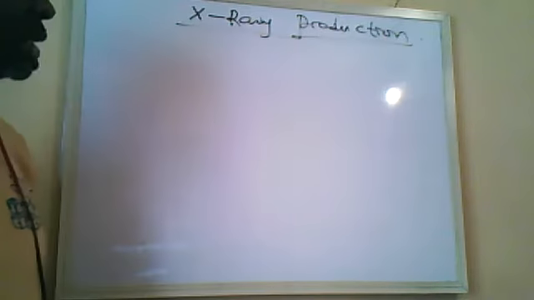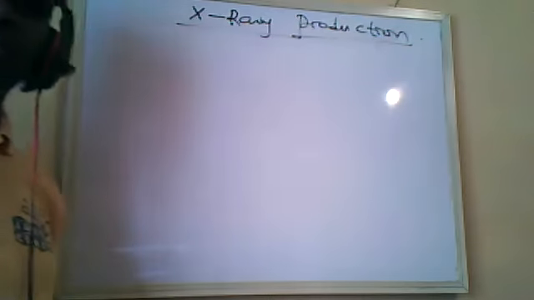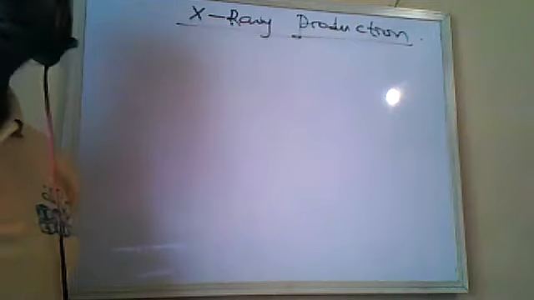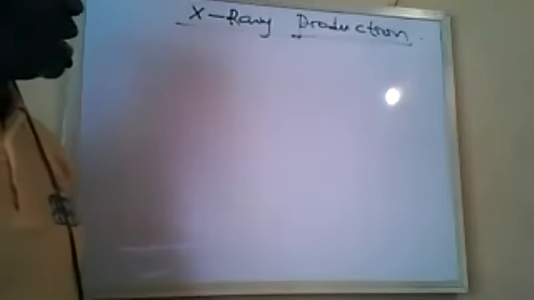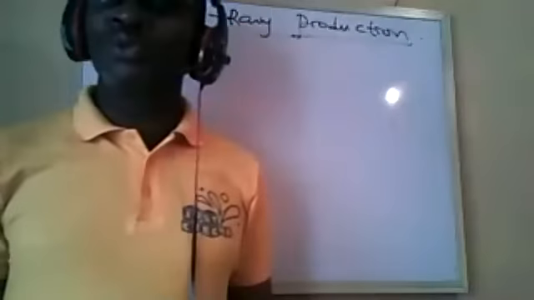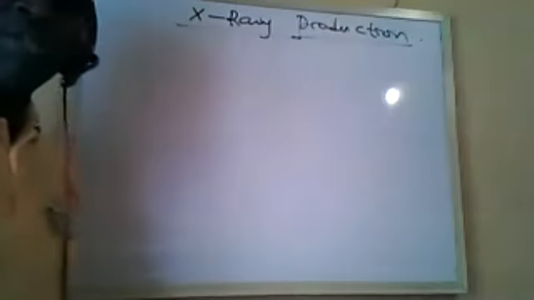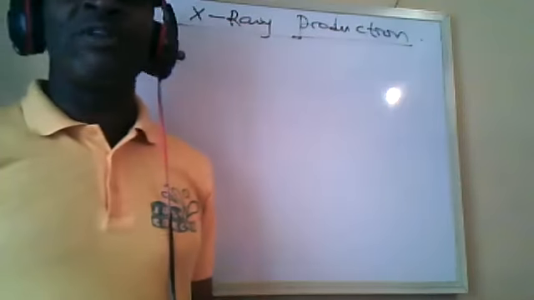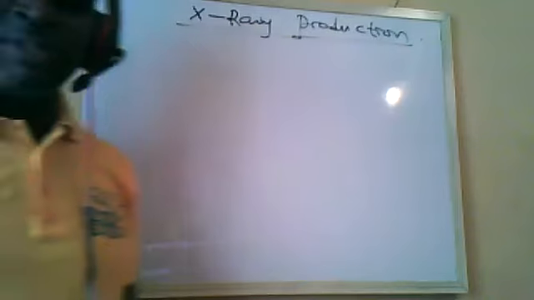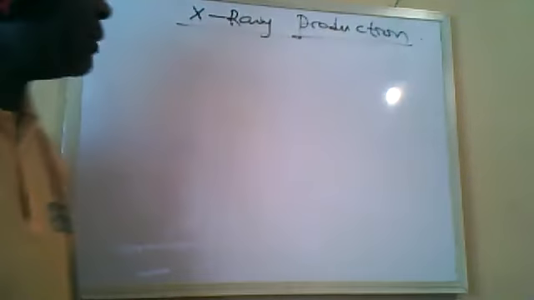We've also seen some salient points in X-ray production. We've seen the Heel effect, which is a consequence of the line focus principle. And we also saw how we can use the Heel effect to our advantage. That is making sure the patient we are imaging is at the cathode side of the X-ray tube, because that is where the intensity of the radiation is more, because of course of the Heel effect.